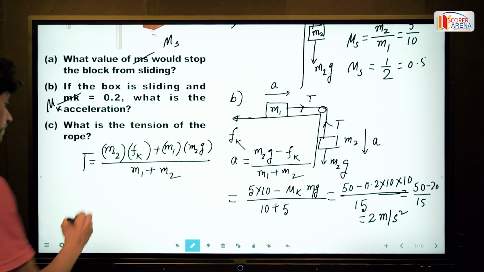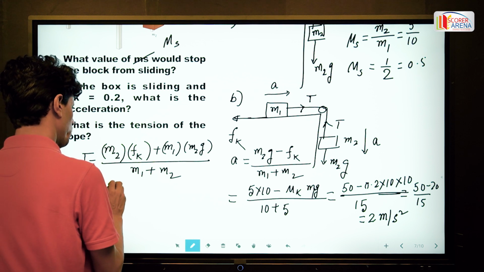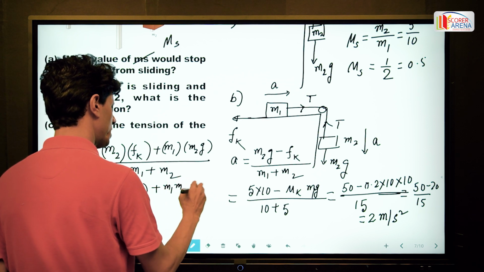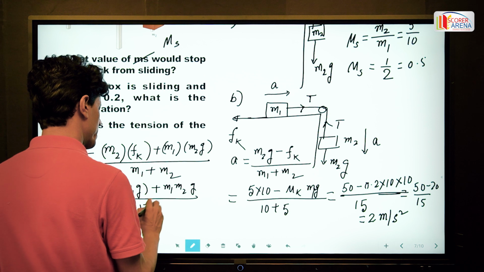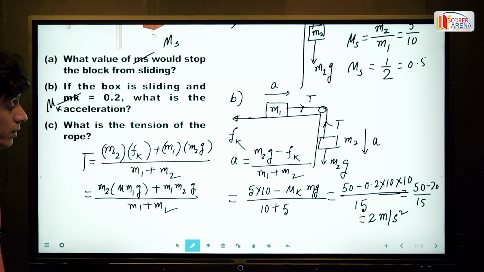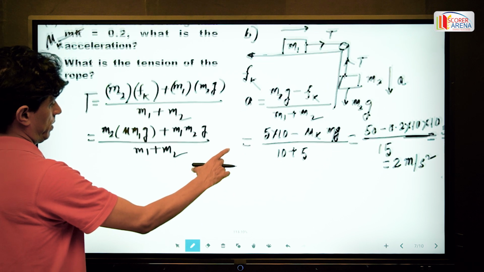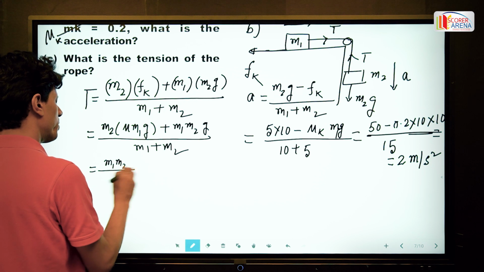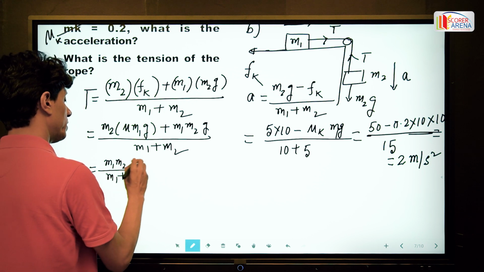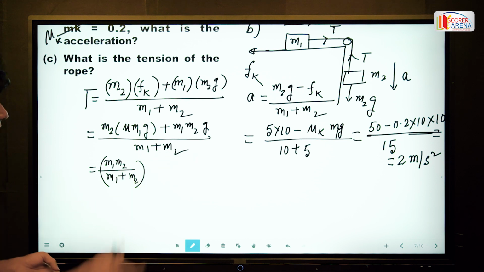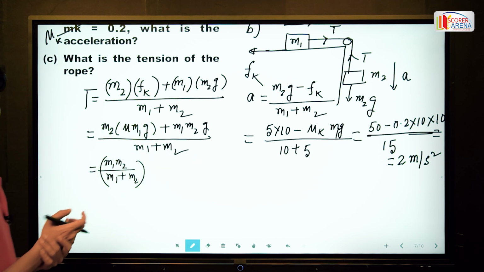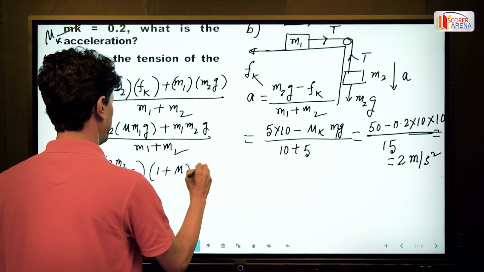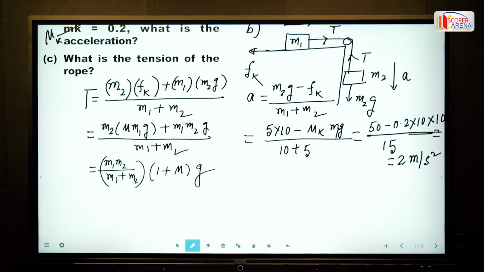So therefore it is M2 mu M1G plus M1 M2G, by M1 plus M2. Taking M1 M2 by M1 plus M2 common from both terms of the numerator, it becomes 1 plus mu into G. So this is the tension.